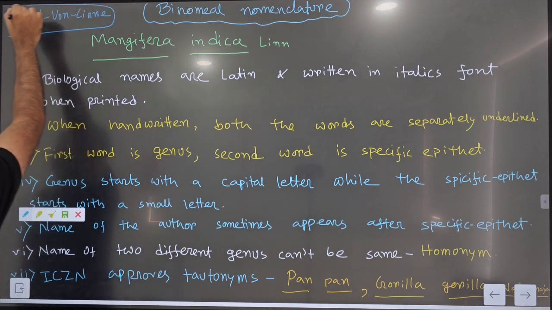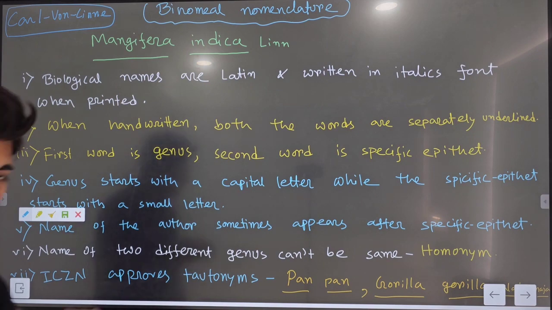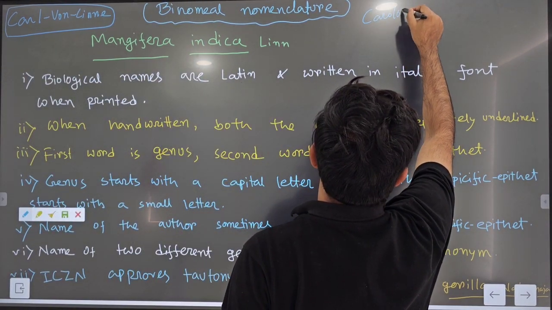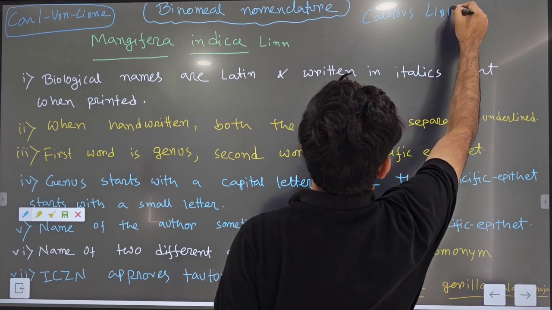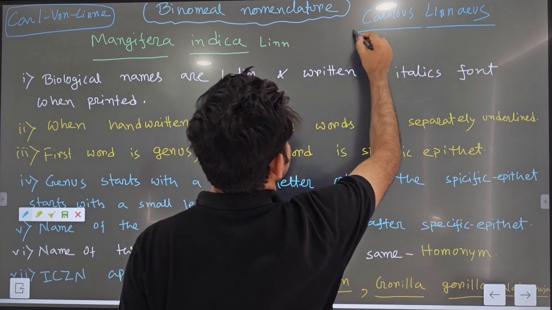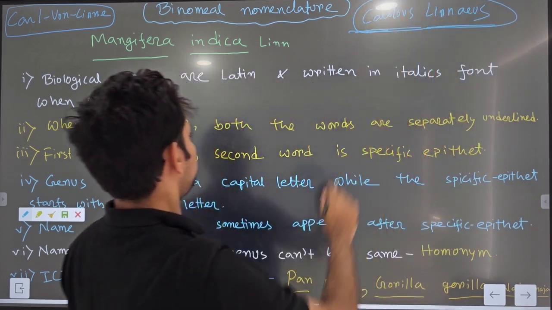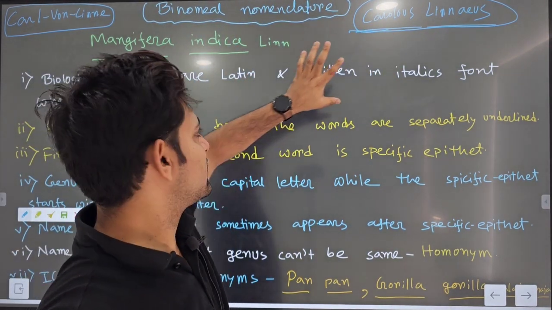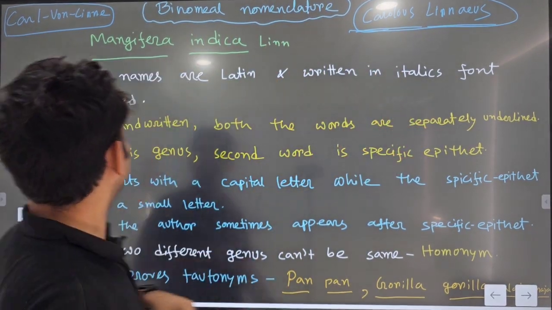After he proposed binomial nomenclature, he changed his name to Carolus Linnaeus. Carolus Linnaeus, father of taxonomy. So Carolus Linnaeus has given the scientific name to the mango.